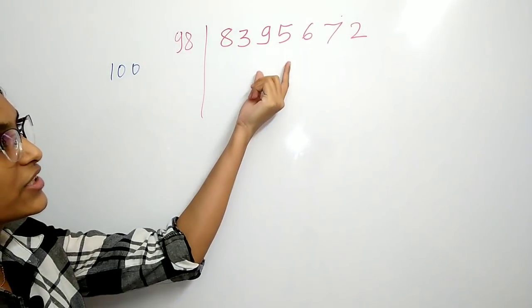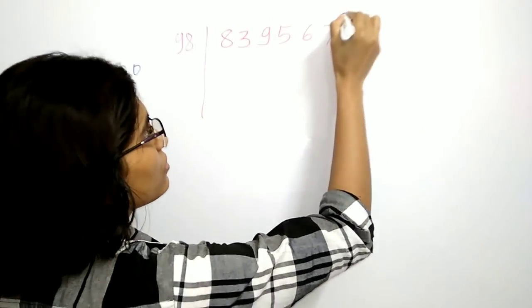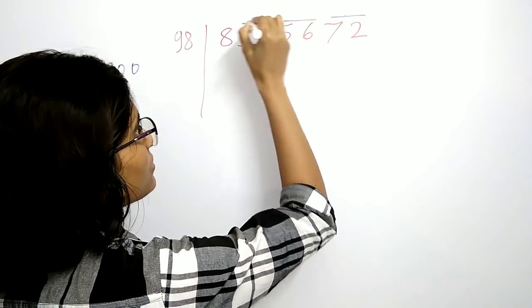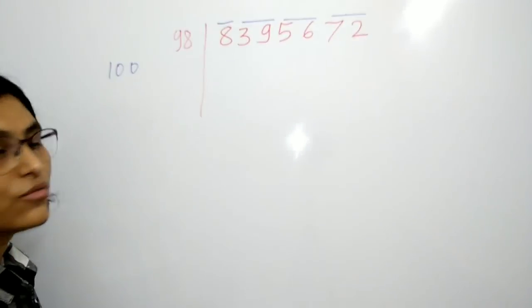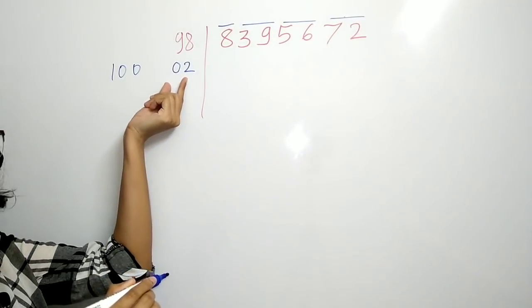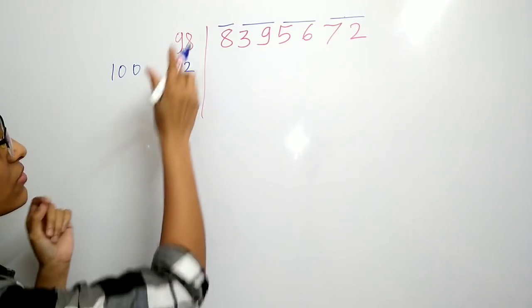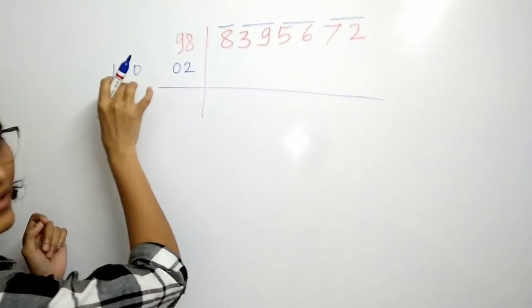So take the partition as 2 digits from the right of this number. So 2, 2, 2. Now we want 2 digits, right? So instead of just 2, you write 02 over here. So the total is just 100.